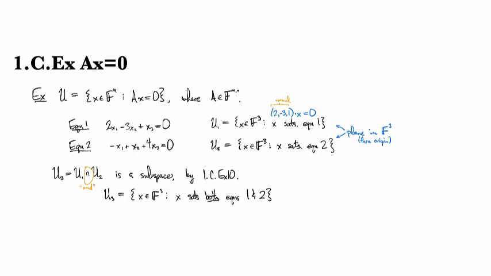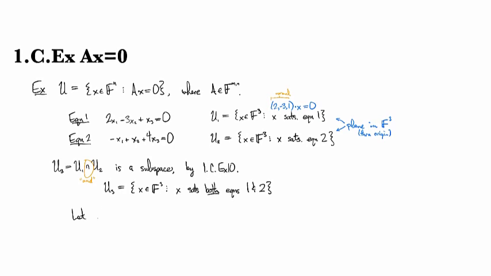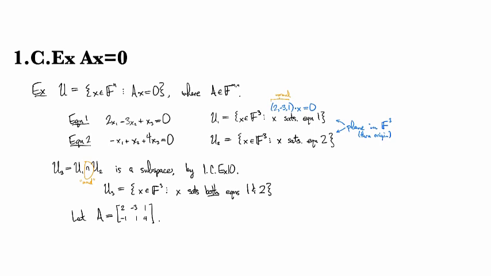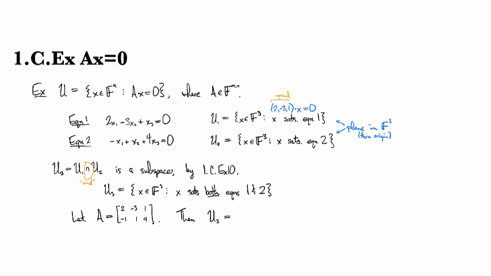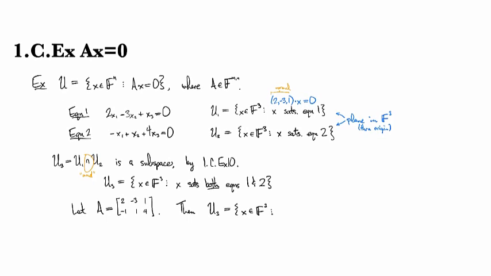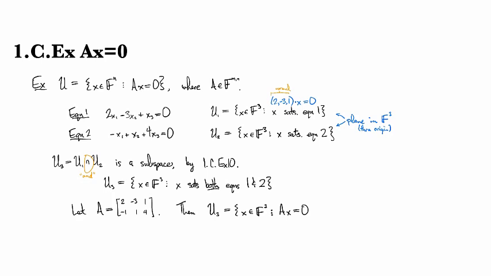And so if we write the matrix A as (2, -3, 1; -1, 1, 4), then U3 is going to be the collection of points such that Ax is going to be equal to 0. And you can see that from the way that matrix multiplication is defined in terms of dot products.